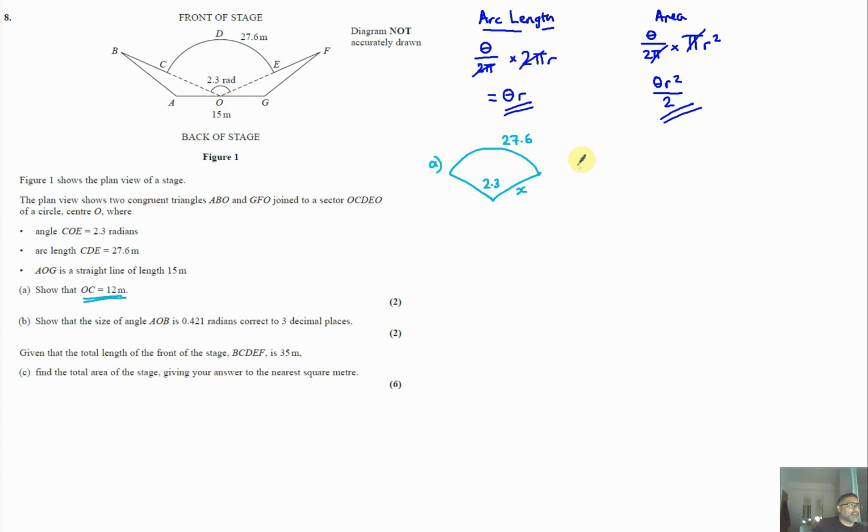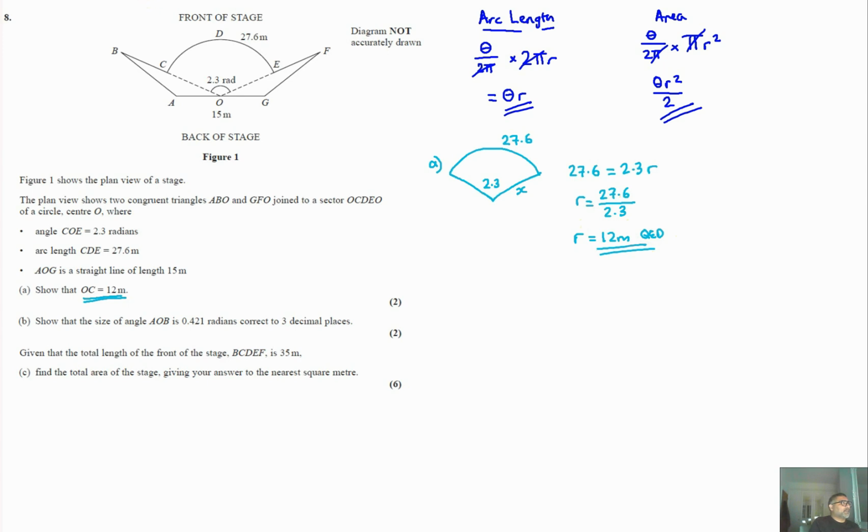Using our arc length formula, we can say that 27.6 is equal to the angle, in this case 2.3 radians, times r. So r will be 27.6 divided by 2.3, which gives us 12 meters. QED, that which was to be proved.